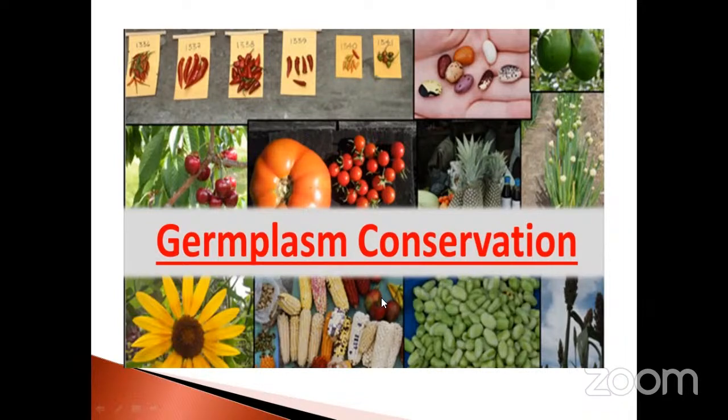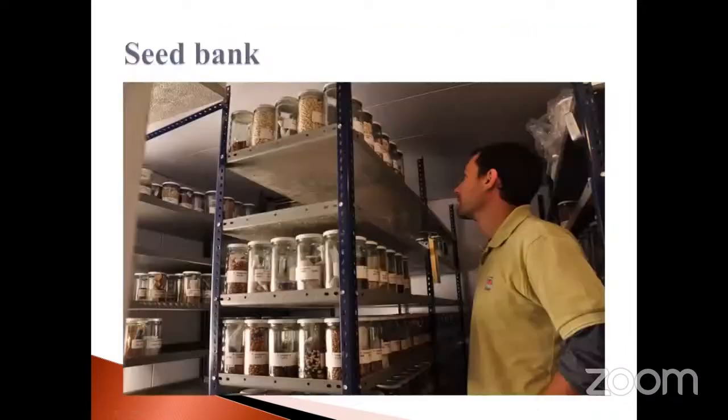Germplasm conservation means we have to conserve the seeds or germs in two different ways, ex situ and in situ. See that seed bank. This is considered a seed bank. Each one has a specific storage ability, highly selective. Only seeds with superficial characteristics are taken and stored in the seed bank.